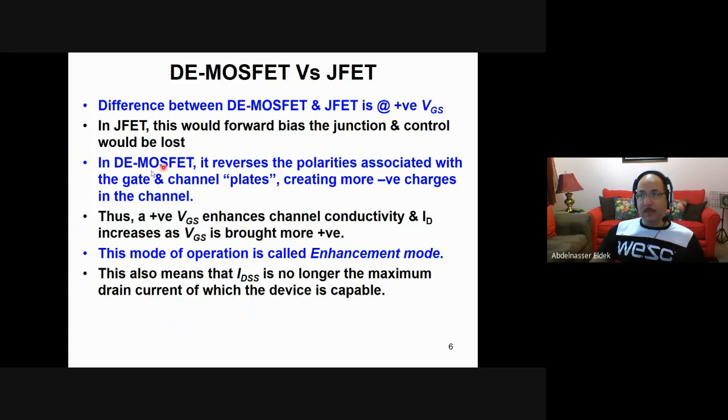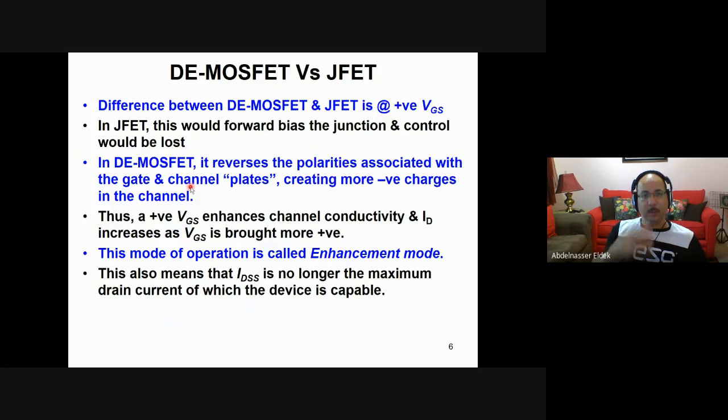But in DE MOSFET, it will reverse the polarities associated with the gate and the channel. As I mentioned before, the gate will be positive. In this case, the channel, which is the other plate of the capacitor, will be negative. Negative means you add more electrons inside the channel. Again, for example, if you have a place with 100 electrons and you add 20 electrons, then the total will be 120.